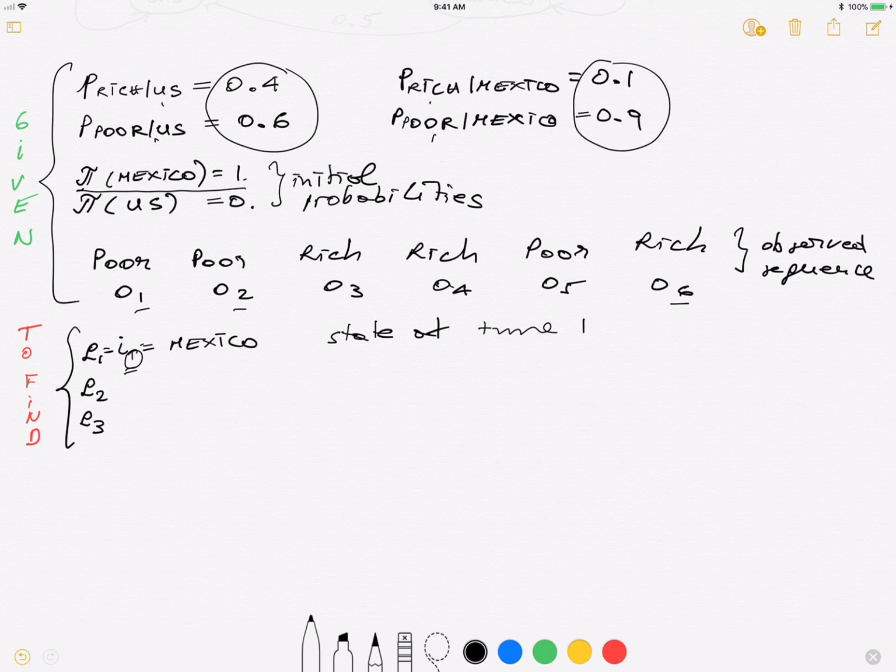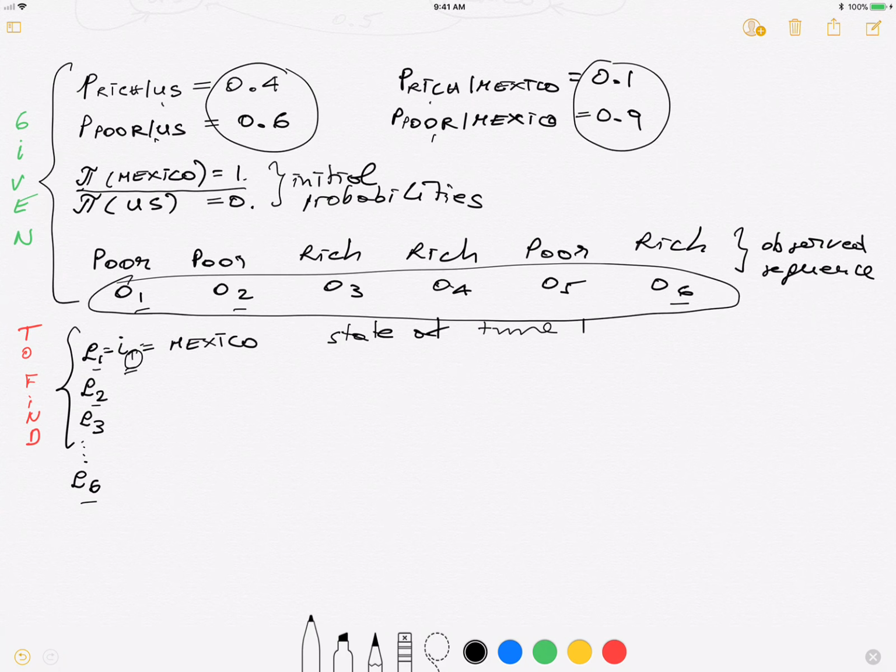Similarly, in year 3 the family was in state Q3, and finally in the 6th year, the family was in state Q6. So there is a change of these states from the 1st to the 2nd and ultimately to the 6th year, which resulted in this observed sequence.